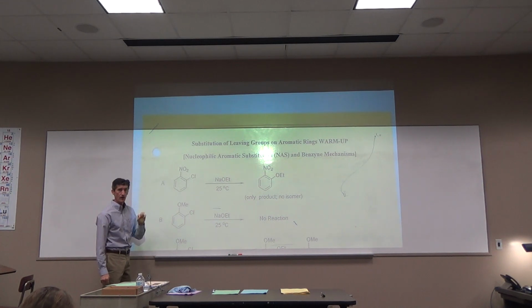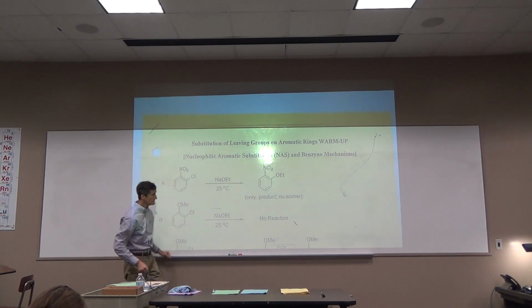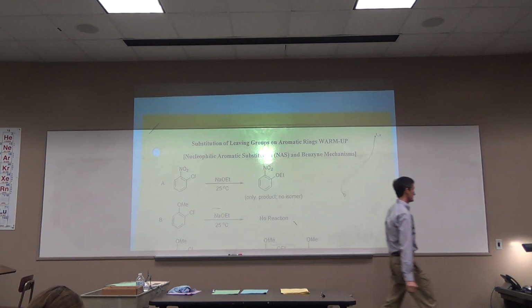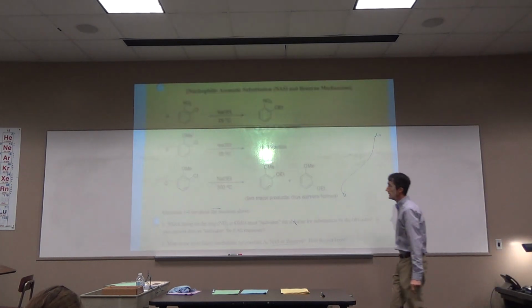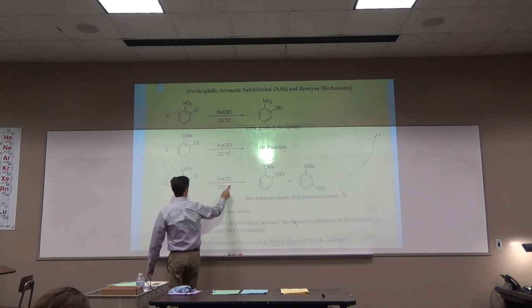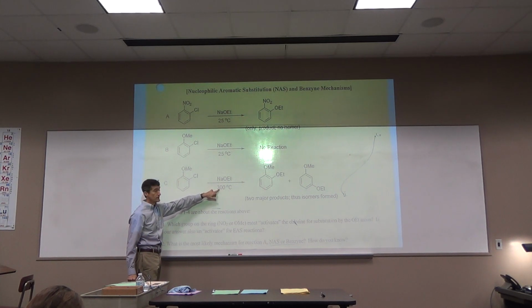Why? Well, apparently it has to do with this other group over here. That's the difference. We need to understand what's going on. Down below, if you do this reaction at much higher temperature, 300 degrees, that's going to be a little hot. You don't want to touch that.